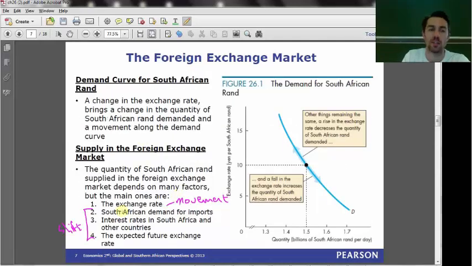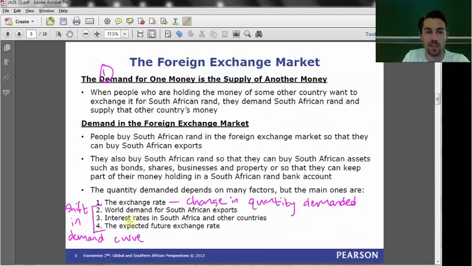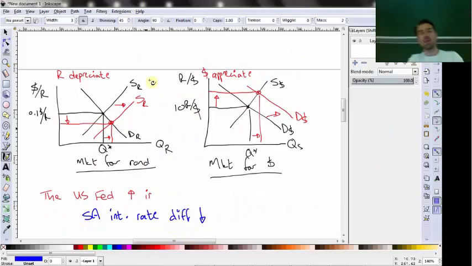Oh, this is the supply side. Sorry. So on the supply side, the interest rate can shift the supply side curve, and on the demand side, it can shift the demand curve. Okay? So here we've got the interest rate changing the supply of rands, but the interest rate is also going to affect the demand for rands from the other side, from the US side, right?